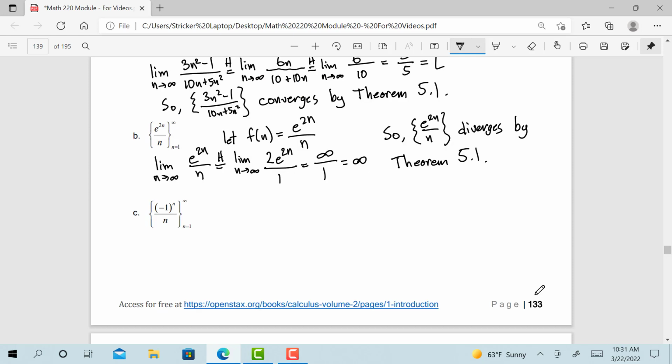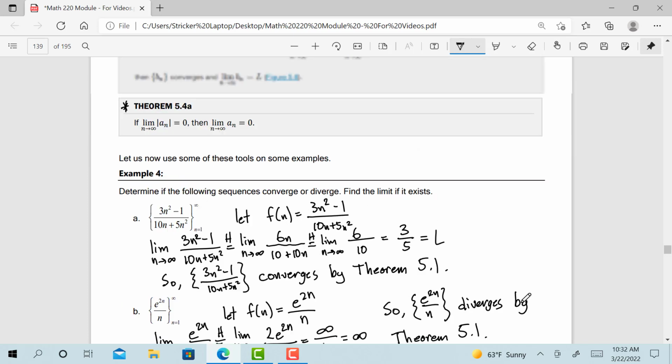Okay, now example C is one of these alternating ones again. Why do we know it's alternating? Well, hopefully notice that it has the negative 1 to a power, which is what's going to cause it to alternate back and forth between positive and negative terms. The terms of this sequence alternate, and so which theorem do we want to use?